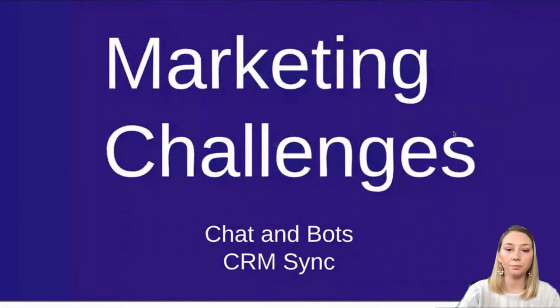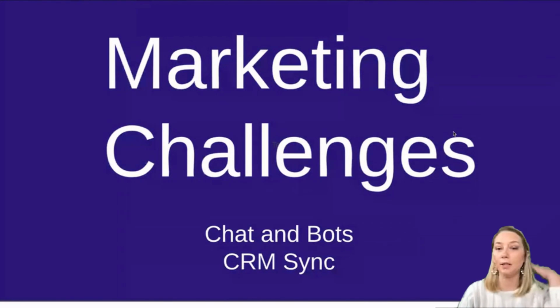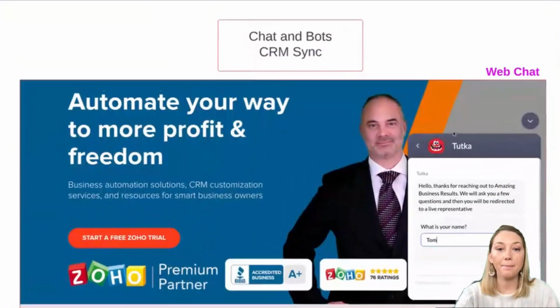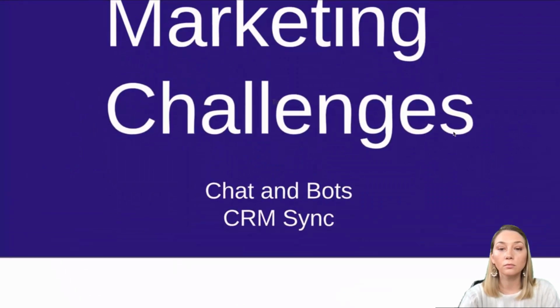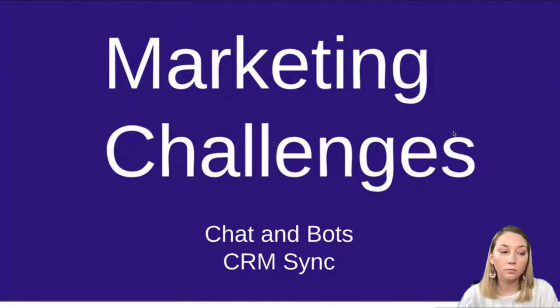Awesome. We're going to move on to chat and bots in the CRM sync. Oh, one more question came in. Sorry. A question about segments and topics. There is something that Zoho introduced lately, and topics is basically a way that when you're sending emails, Zoho will know if those emails are educational or for marketing purposes and so on.